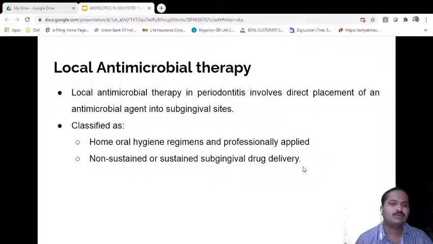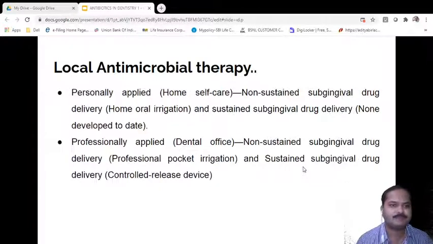So local antimicrobial therapy has been classified as home oral hygiene regime and professionally applied regime, and both of these can be the non-sustained type or the sustained type of subgingival drug delivery systems.